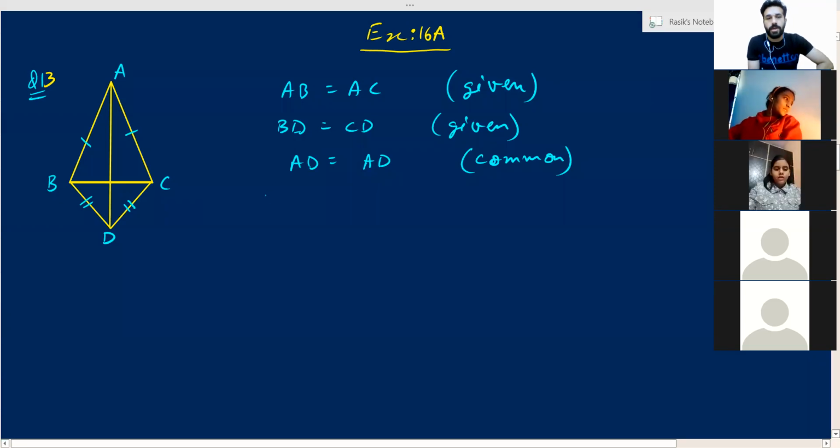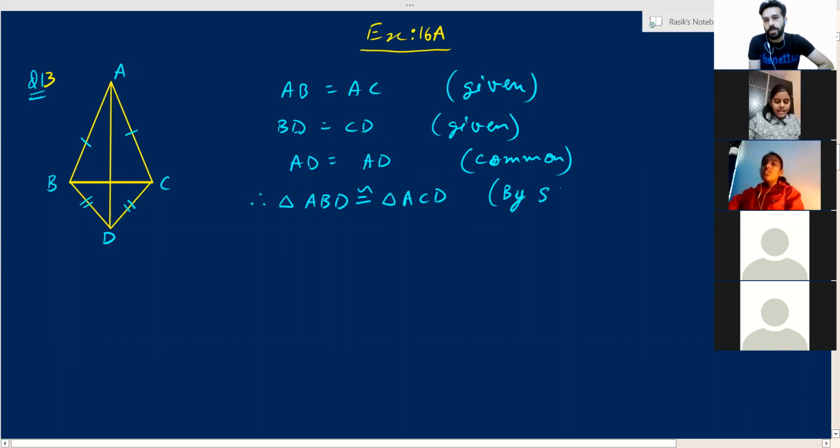Therefore, we can say that triangle ABD is congruent to triangle ACD by SSS criteria.